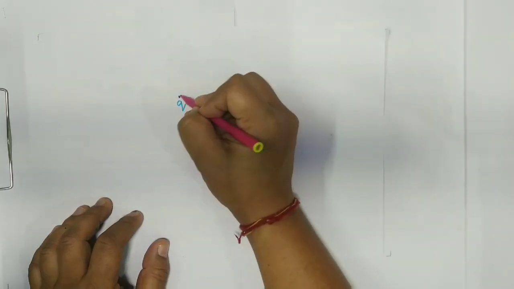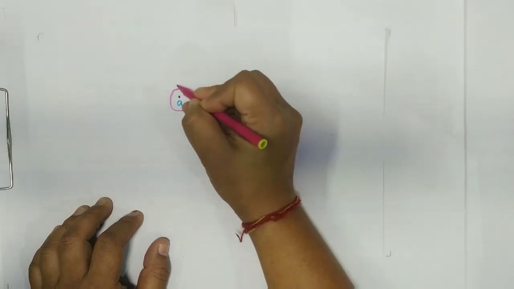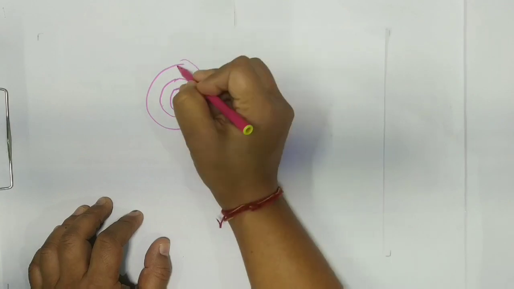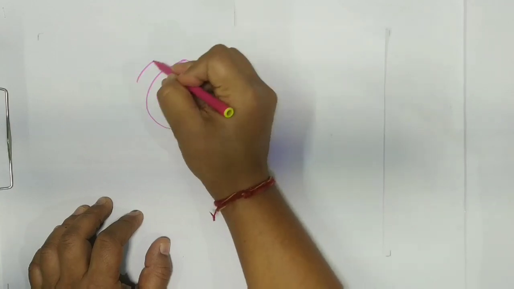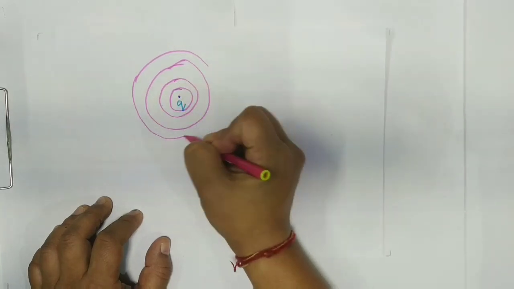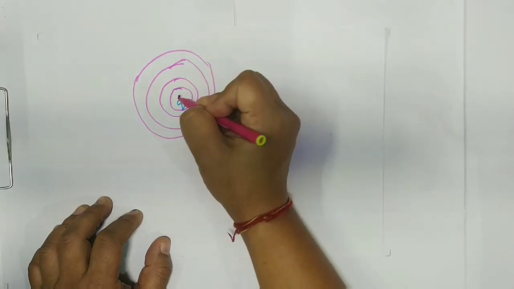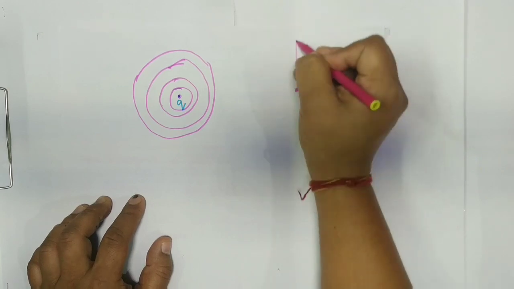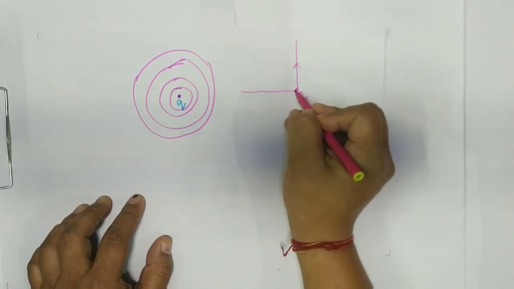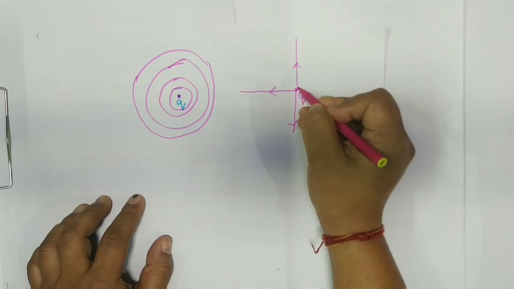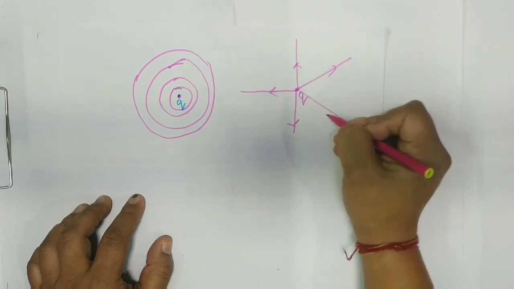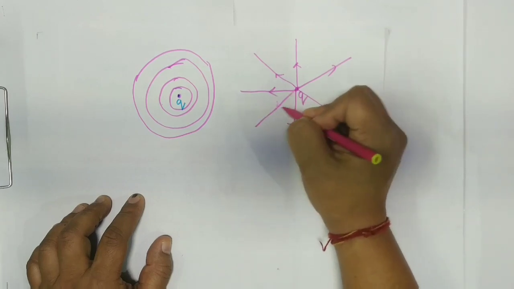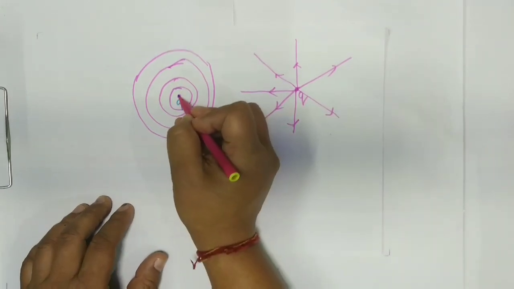This is the equipotential surface for a point charge. A point charge has radial symmetry of the electric field lines, so it can have equipotential surface like this.